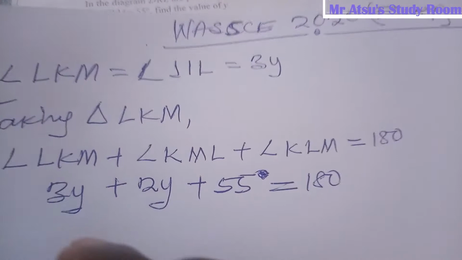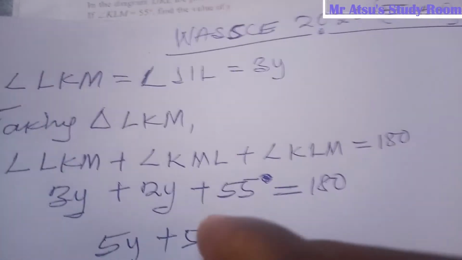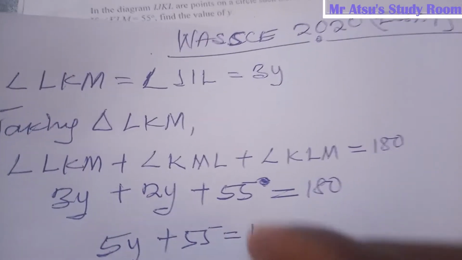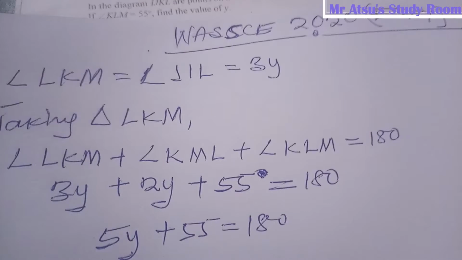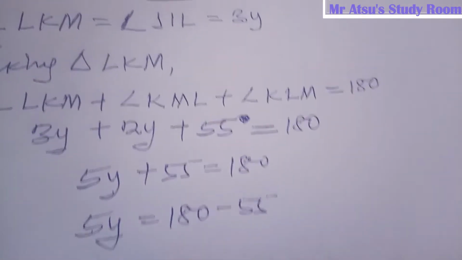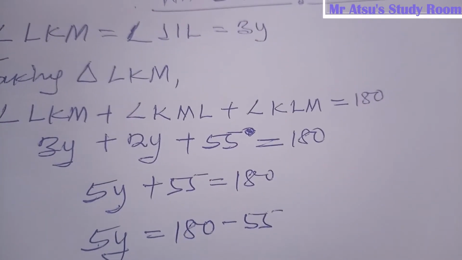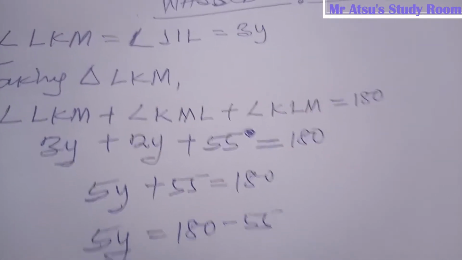So adding all, we are going to have 5y plus 55 equals 180. 5y will be equal to 180 minus 55. 5y will give us 125.